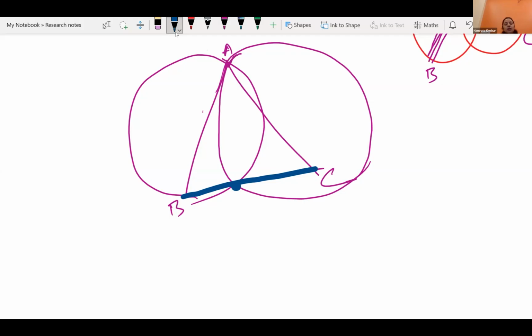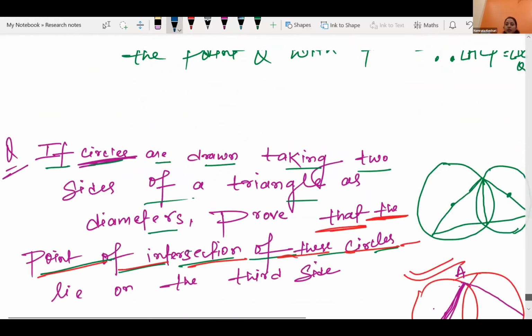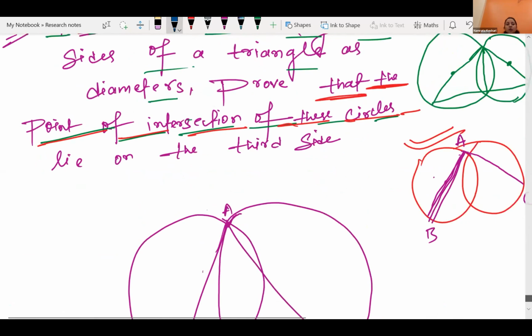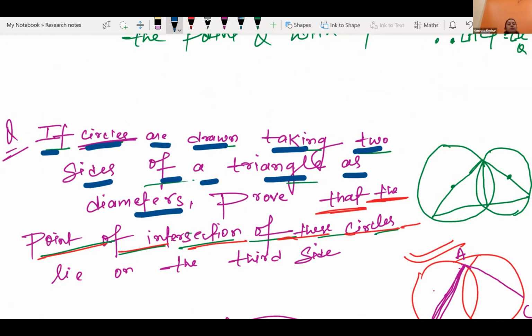Okay. Rather than starting the construction from the circle, it will be easier if you understand with the triangle. Because let's read it, now it will make more sense. Forget about drawing the circle and all. If circles are drawn, how will we draw the circle? Taking two sides of a triangle as diameter.